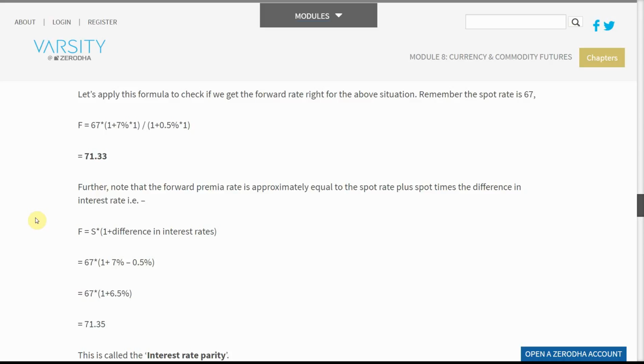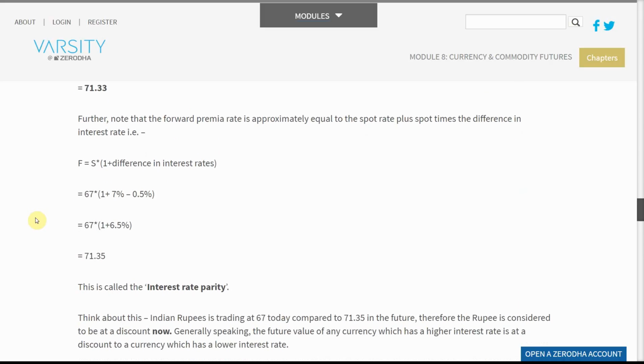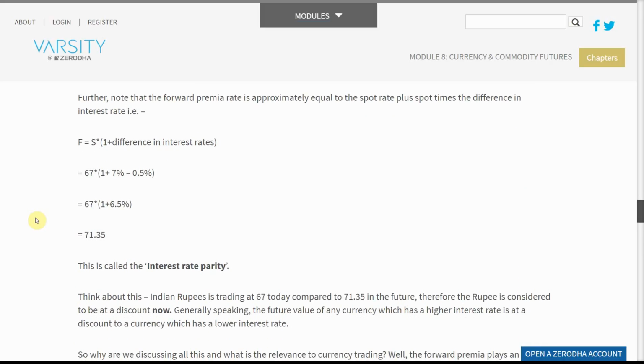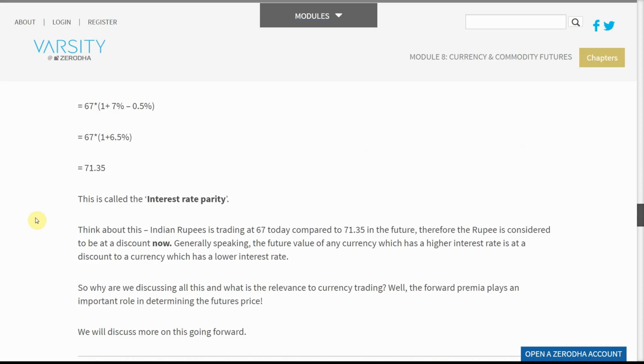Further, note that the forward premia rate is approximately equal to the spot rate plus spot times the difference in interest rate, i.e., F = S * (1 + difference in interest rates) = 67 * (1 + (7% - 0.5%)) = 67 * (1 + 6.5%) = 71.35.